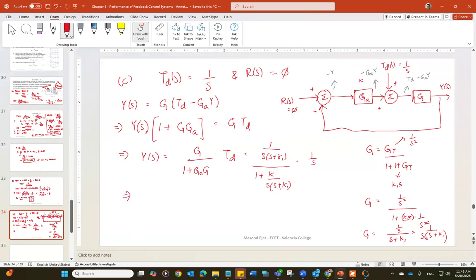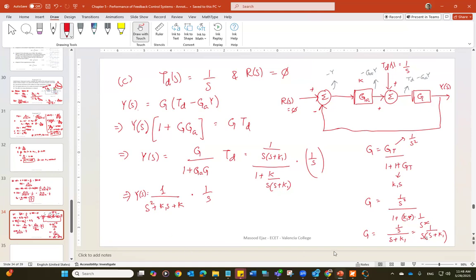So let me put it in parentheses. S plus K1 is going to be cancelled out once we multiply this. So we're going to be left with 1 over S squared plus K1S plus K times 1 over S. That is equal to Y of S. So that's my Y of S.